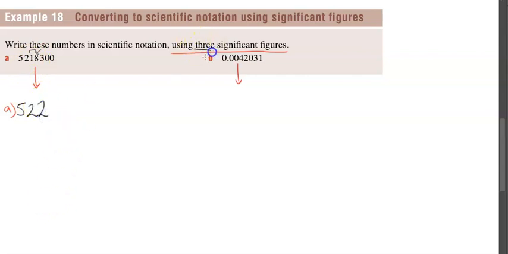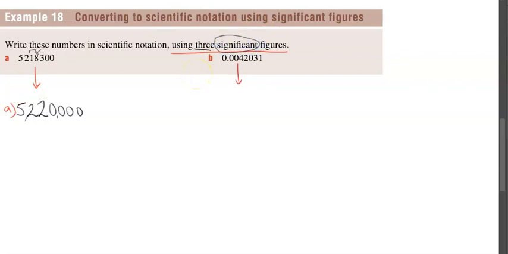And now that we have our 3 significant figures, the rest, 1, 2, 3, 4 digits, turn into zeros. Okay? So instead of writing 5,218,300, it's just 5,220,000. Okay? So it's kind of like rounding the significance to these figures, okay?